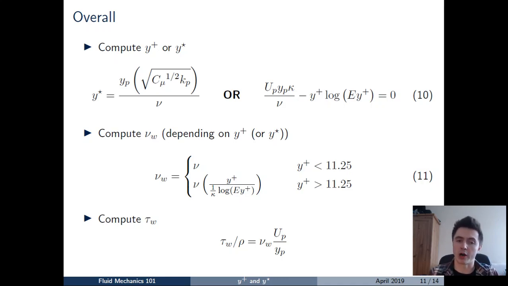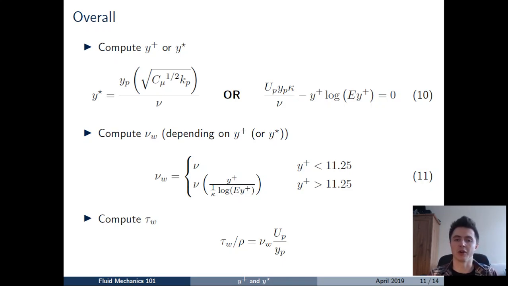Then once we have yPlus or y star, we can then go on to compute the near wall kinematic viscosity, and we do that using equation 11. And when we compute the near wall kinematic viscosity, we use a different treatment depending on if we're in the viscous sublayer or we're in the logarithmic region.